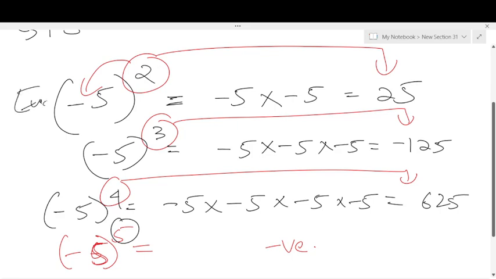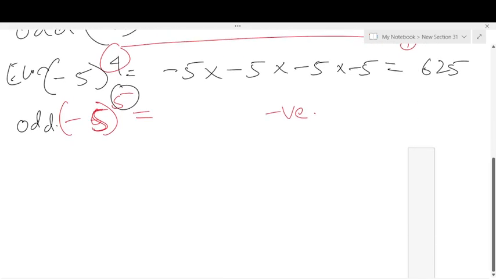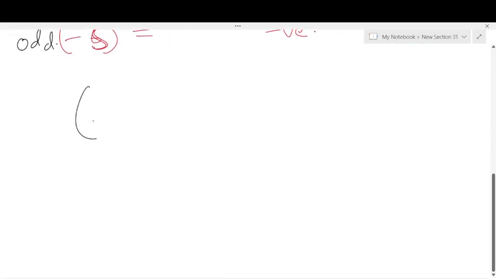What about 4? Even. 3 is what? Or 5? 5 is odd. So for all the even indices, what will be the answer, positive or negative? Positive. For all the odd ones, negative. Simple concept.